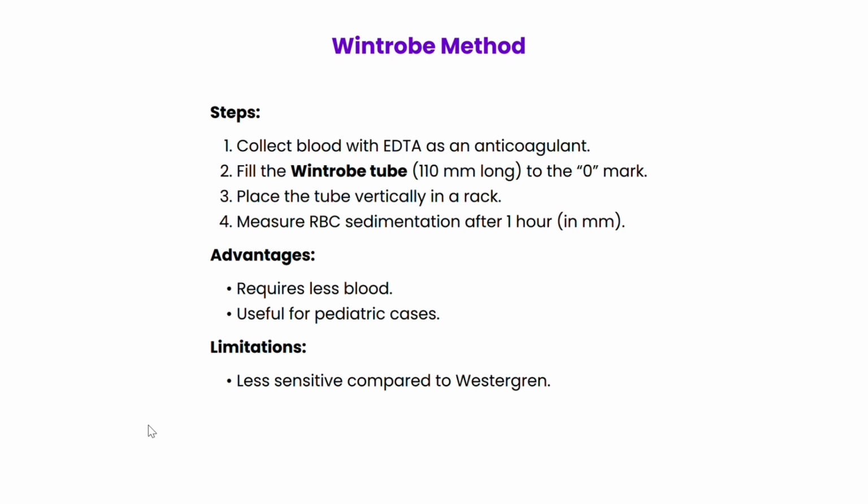Like the Westergren method, the tube is placed vertically and left undisturbed for 1 hour. After this, we measure how far the RBCs have settled, which gives us the ESR value. This method is particularly useful in cases like pediatrics, where obtaining a large blood sample may not be feasible. However, it is less sensitive compared to the Westergren method.